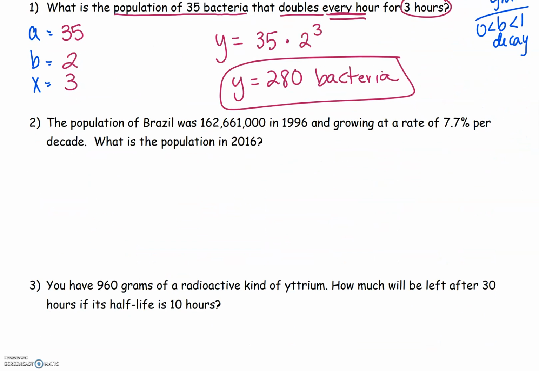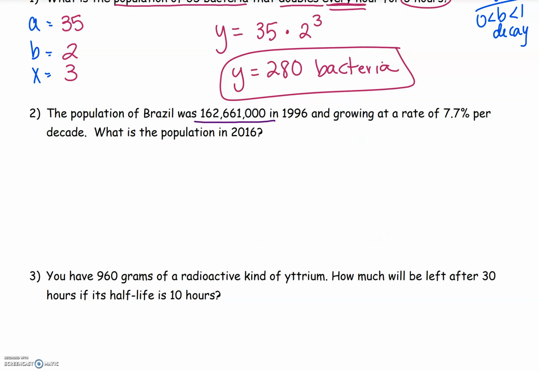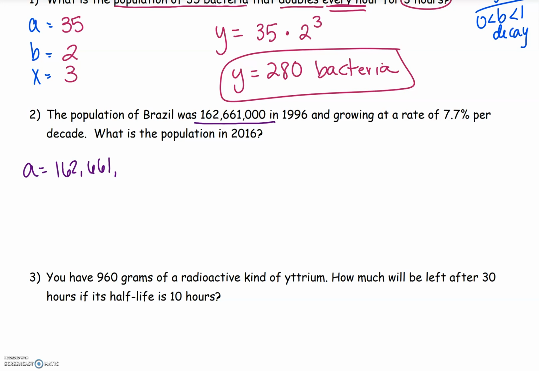The next one, we have population of Brazil, which is A, our starting amount, 162,661. And then we have our B, growing at a rate of 7.7%. So remember, we have to change to a decimal.